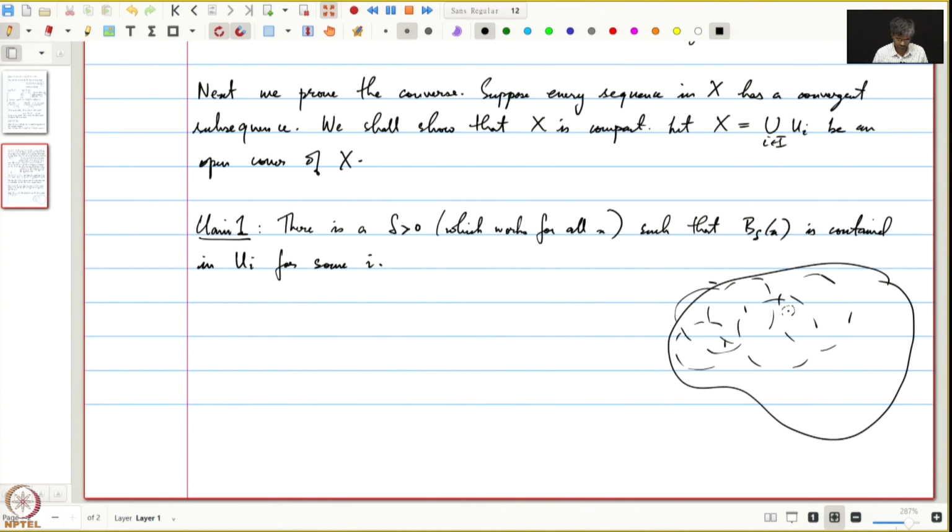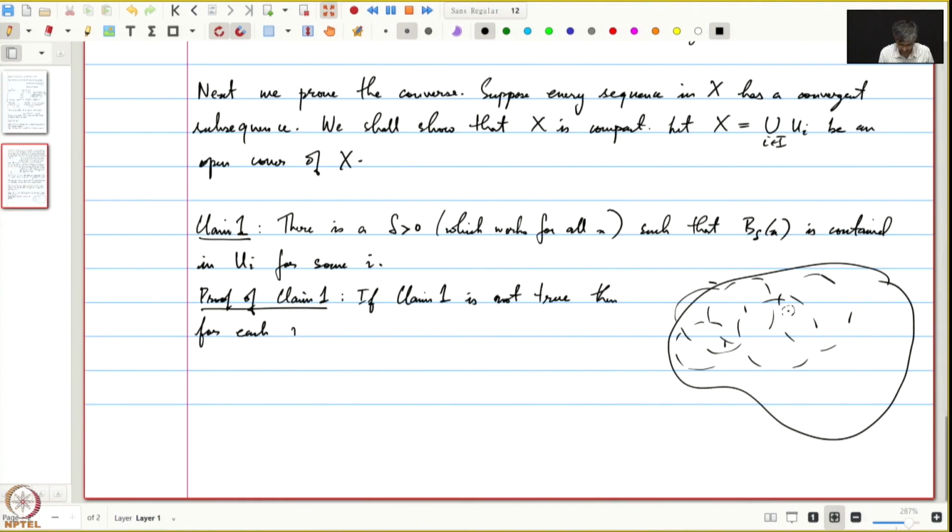So let's prove this. So prove claim 1. Okay. So if claim 1 is not true, right, then no matter how small we take delta, there will be an x such that the ball of radius delta around x is not going to be contained in any of the Ui's, right?